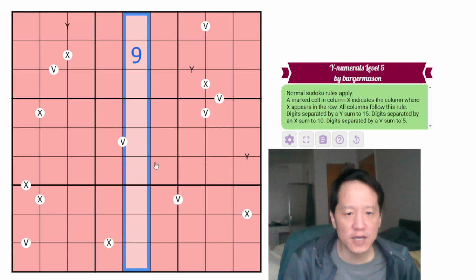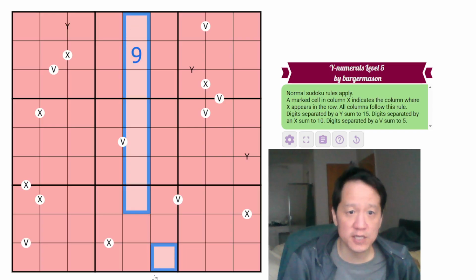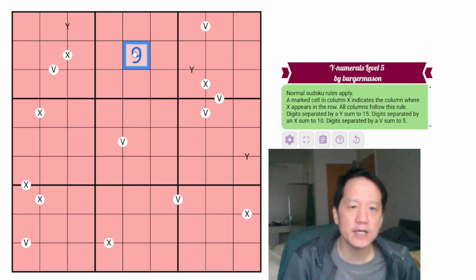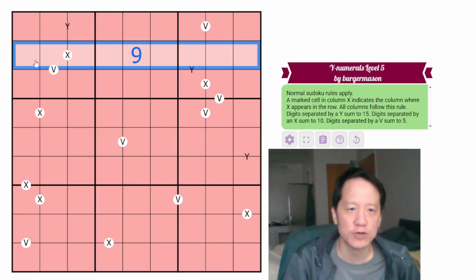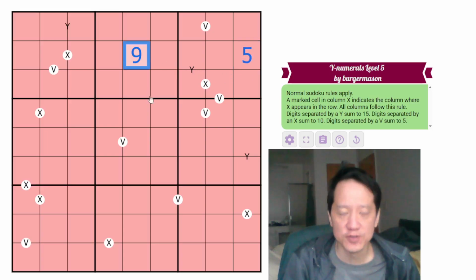But for this cell specifically, it's saying in this row, the column number, which in this case is 5, has to be in a certain spot. And this is the 9th spot, right? Because this is the number 9. So this is saying for this column, which is 5, that number has to be in the 9th spot in this row, and that's looking from left to right. So this would have to be a 5 if this were a 9. I hope that was clear.